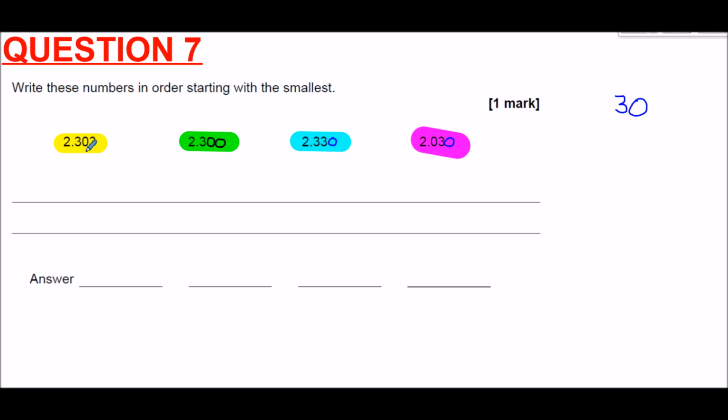So out of 303, 300 and 330, 300 is the smallest. Slightly bigger than 300 is 303, and bigger than 303 is 330. So all I'm doing here is just comparing the decimal part only of a number.